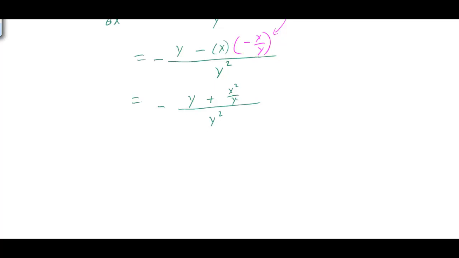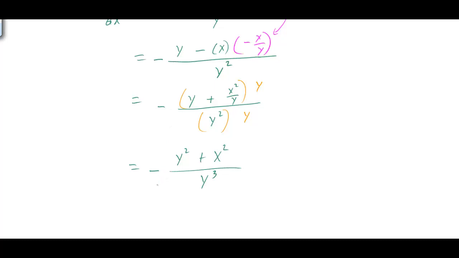Alright, so now if we want to eliminate the fraction, we could actually multiply the numerator and denominator by y, and that's going to eliminate the y here. So we're going to end up with y times y, which would be y squared. And then x squared over y times y, the y's cancel, so you're left with x squared. And on the bottom, we have y squared times y, which is y cubed. And we still have the negative out front.